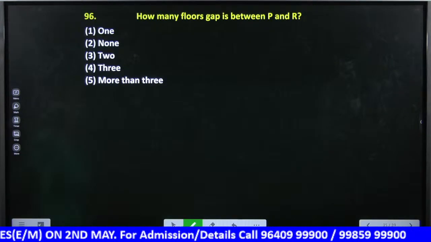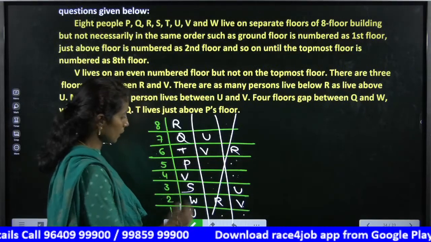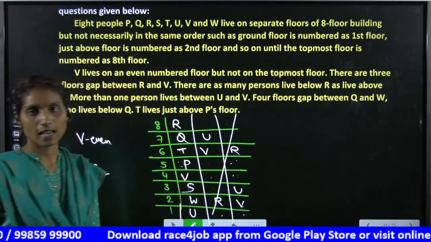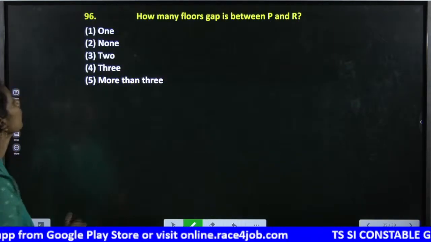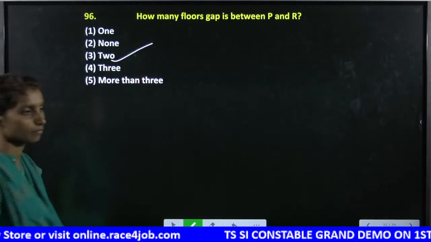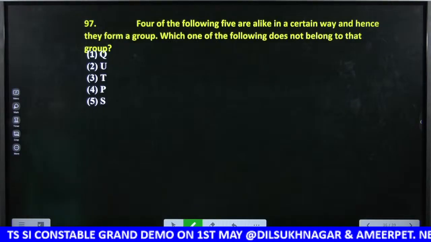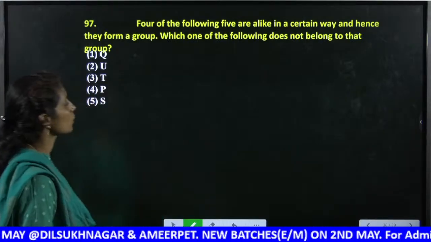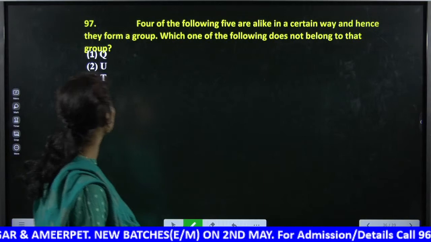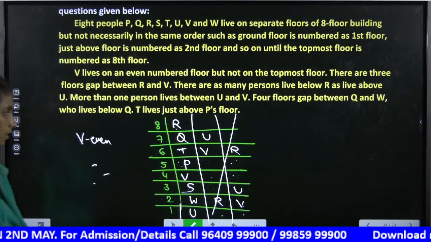First question. How many floors gap is between P and R? In between P and R, how many floors gap are there? We have 2 floors, and that is Q and T. Right? Next. 4 of the following 5 are alike in a certain way and hence form a group. Which one of the following does not belong to that group? Okay, Q U T P S. Check it here.